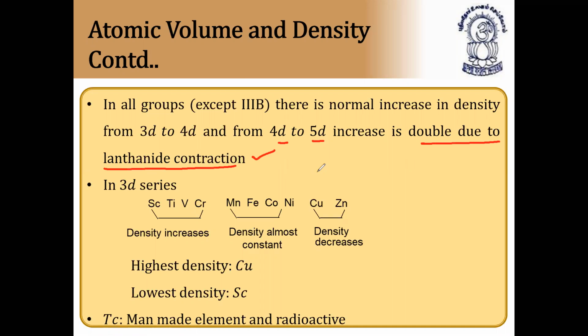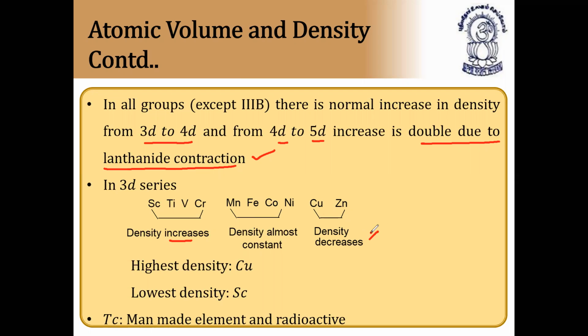Due to lanthanide contraction, the density of 5d elements is far greater than 4d. Density increases from scandium, titanium, vanadium, chromium, manganese, iron, cobalt, nickel, copper, and zinc.